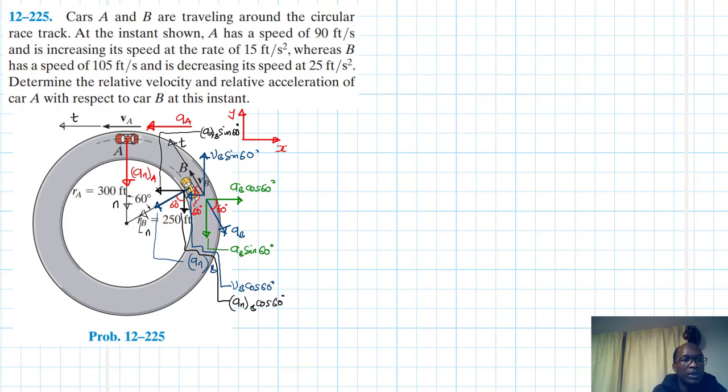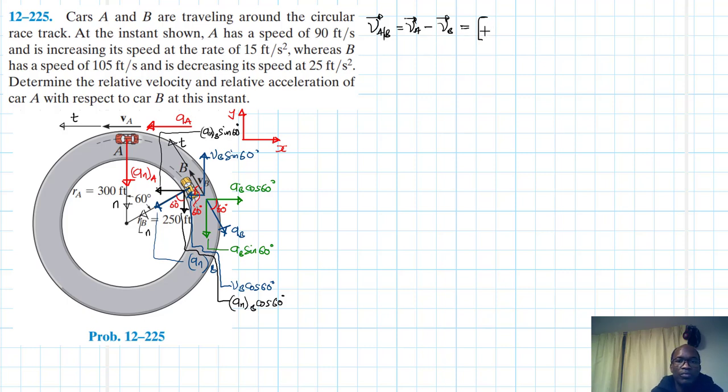Let's start the work quickly. We are looking for the velocity of A with respect to B, and this is equal to v_A minus v_B. So v_B is our frame of reference. What's our v_A? Let's add up all the components.